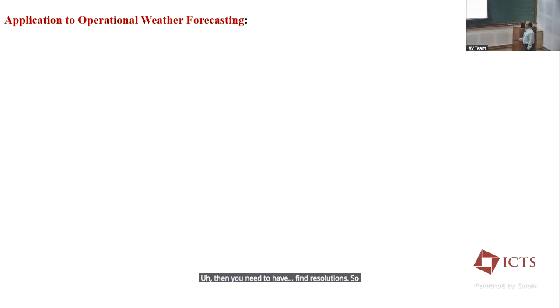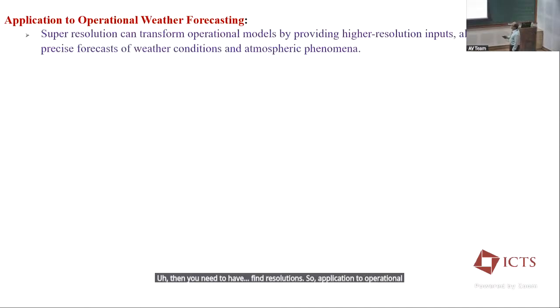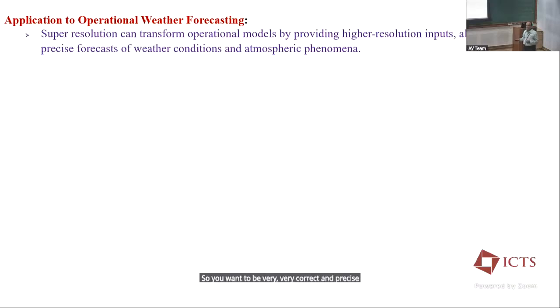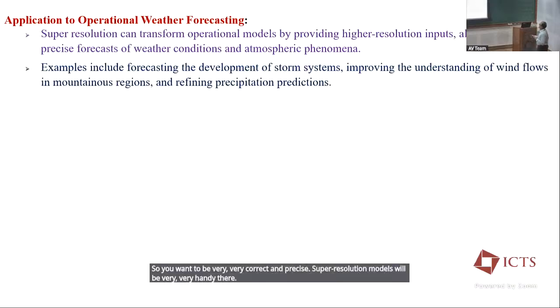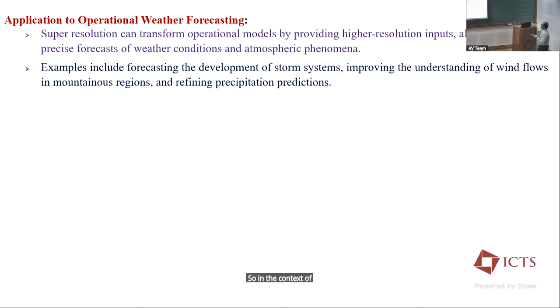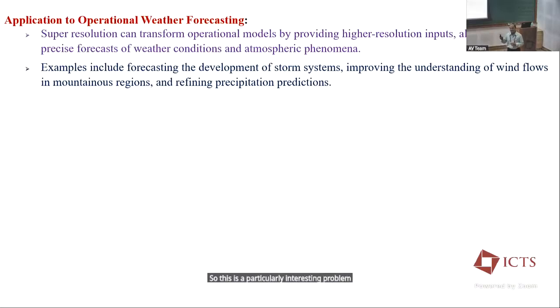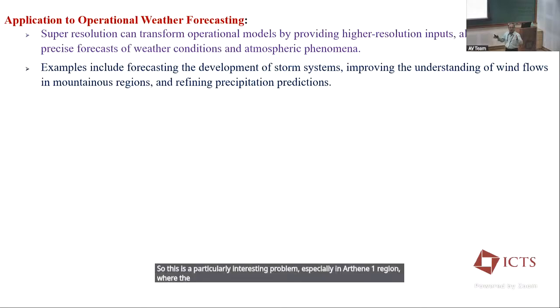Application to operational weather forecast: we see that super resolution can transform operational models by providing high resolution inputs. If you want to use the operational model for forecasting, you want to be very correct and precise, and super resolution models will be very handy there. Take storm forecasting or understanding wind flow dynamics in mountainous regions. This is a particularly interesting problem, especially in North India, in the Chitrakoot area, where a lot of cement factories are there.